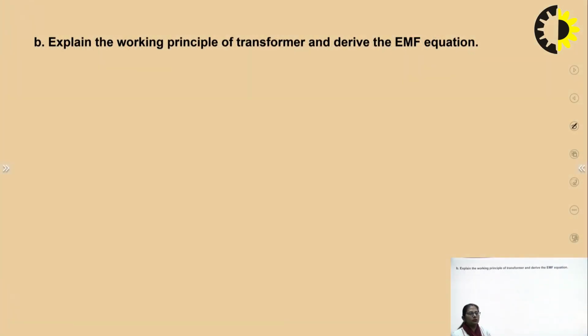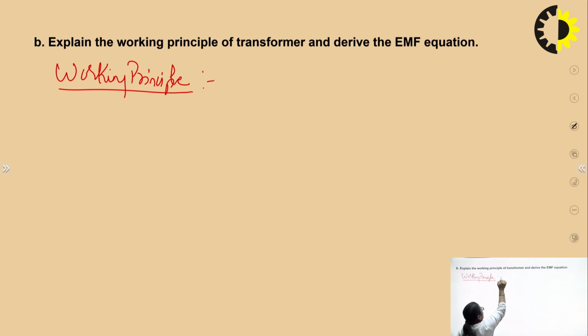Now, the second question for the same unit, the 5th question: explain the working principle of the transformer and also derive its EMF equation. So we need to explain the working principle of the transformer. First we need to define the working principle. I must say the working principle of the transformer is nothing but mutual induction.